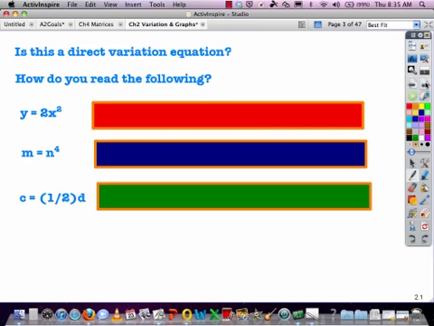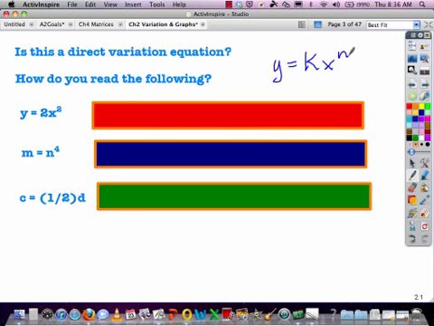So brain says, last page, we said y equals kx to the n is our basic setup for a direct variation equation. So you would want to compare your equations and say, do they match this setup or do they have some differences?